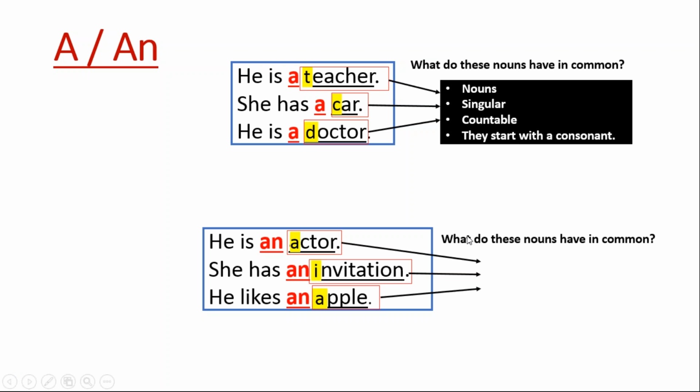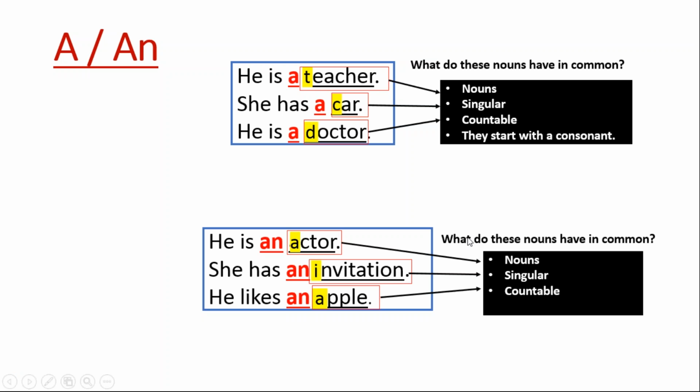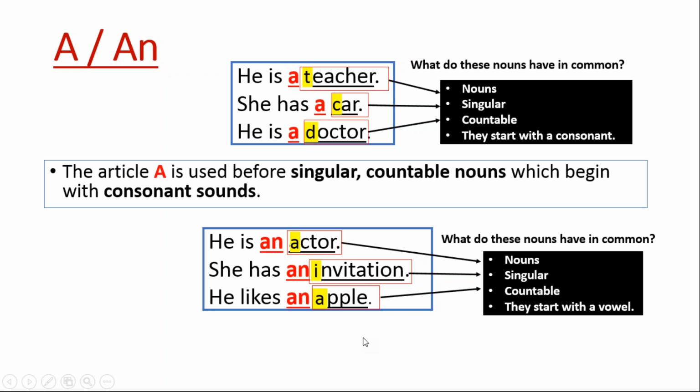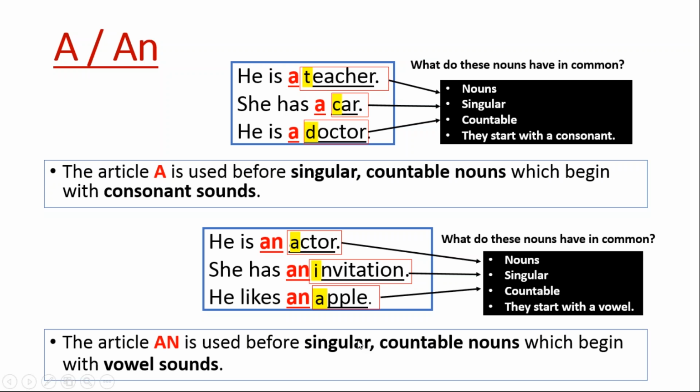En el caso de acá son también nouns, singular, countable, y empiezan con una vocal. Entonces, básicamente, a y an son exactamente lo mismo, quiere decir uno, una, un. Solamente que cuando tengo un sonido consonante en la palabra que sigue, en el sustantivo, utilizo a. Si tengo una vocal, un vowel sound, in the noun here after a, I use an, okay? Básicamente eso es, ¿no?